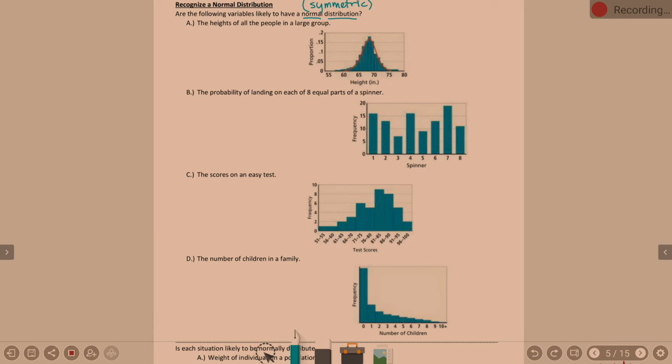And if nothing else, the picture is kind of leading us that way, right? But think about it. If you have a large group of people, you're going to have some shorter people, you're going to have some taller people, but generally speaking, where are a lot of people going to fit? Average. Just kind of average in the middle, right? You look out in the hallway during passing period.